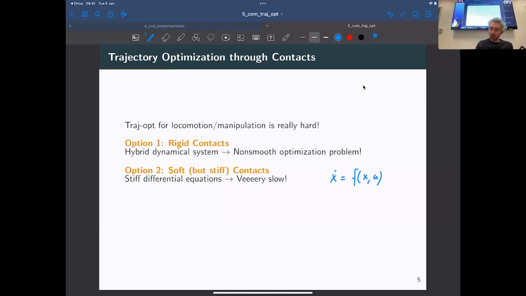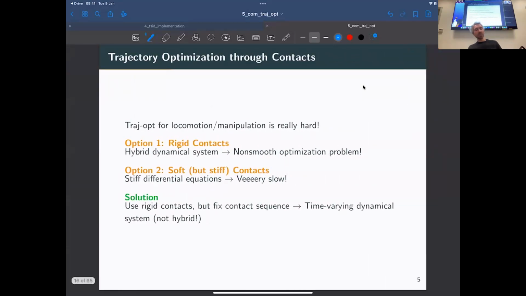So what people ended up doing is something that is neither one nor two: let's assume that the contacts are rigid, but instead of trying to figure out which contacts I should make or break, I'm going to pre-assign the contact sequence by hand.